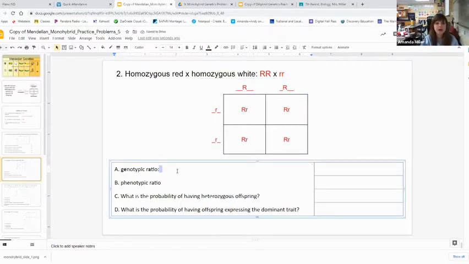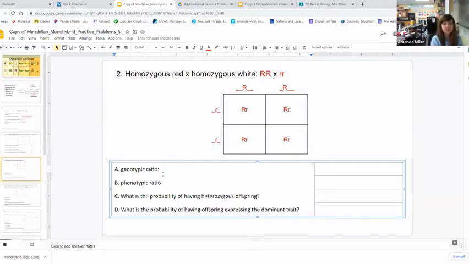So now let's talk about how to find the genotypic and phenotypic ratios. So remember, if you haven't already written this into your notes, you should, because you need to understand how to calculate this ratio. So go back to my Nearpod where I talk about how to calculate this if you need to.